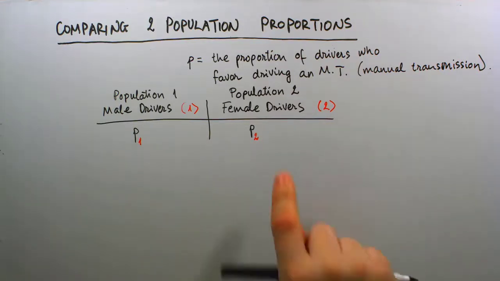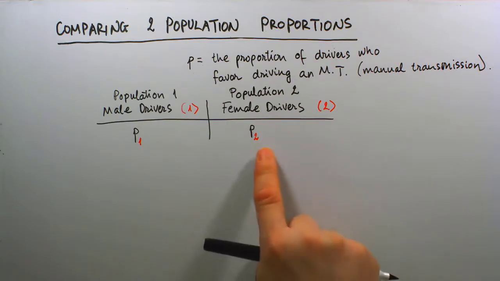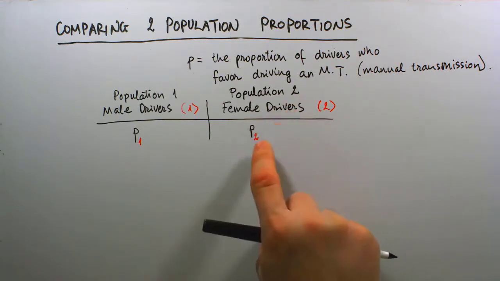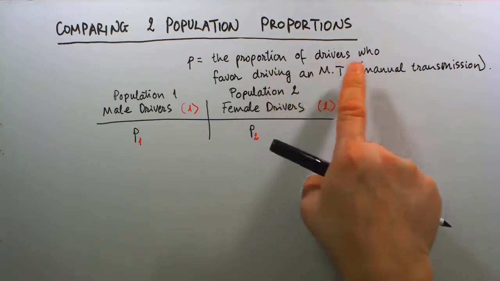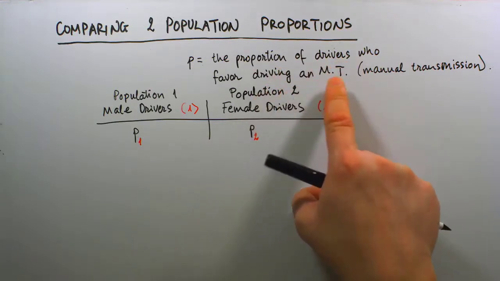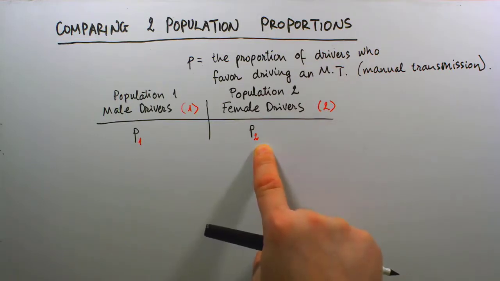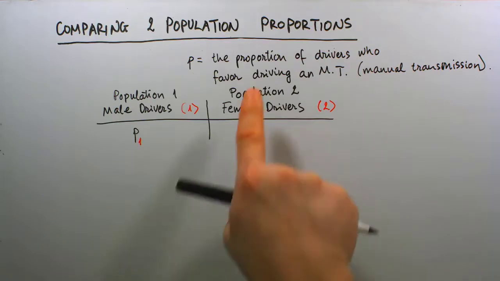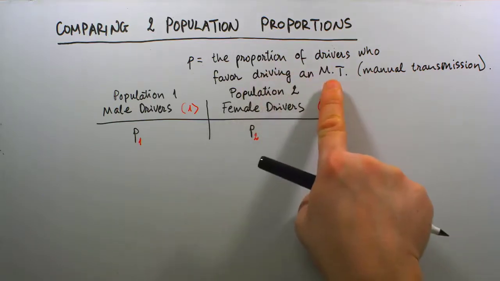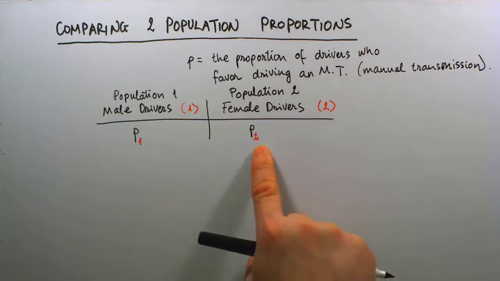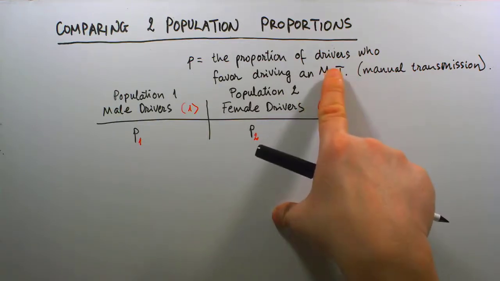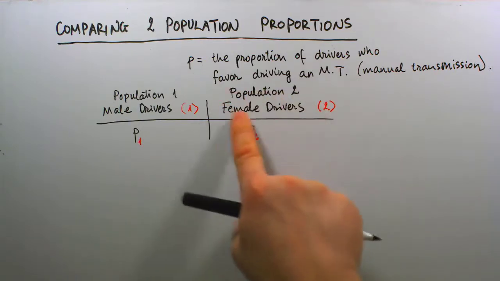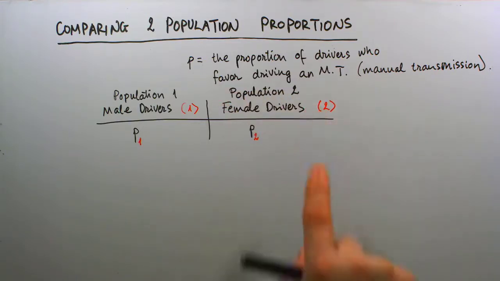So as a usefulness, anytime later in our work that I need to refer back to the proportion of female drivers who favor driving a manual transmission, I can quickly refer to that as p2. The p is generally the proportion of drivers who favor driving a manual transmission, but p2 indicates that the same proportion is specifically attached to female drivers, or population 2.